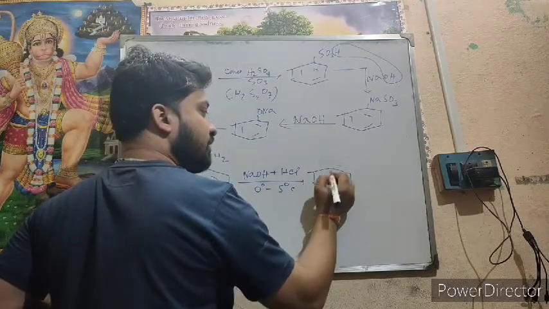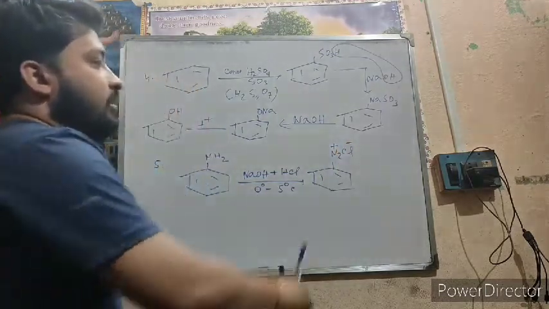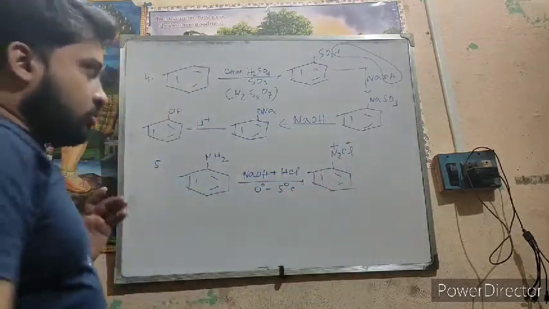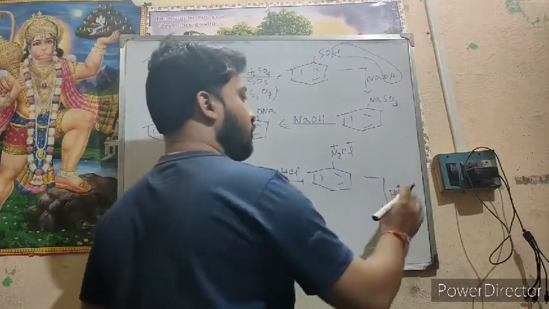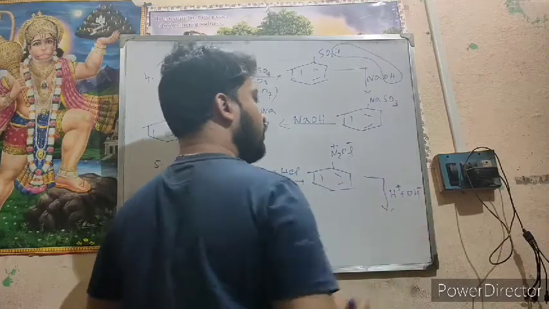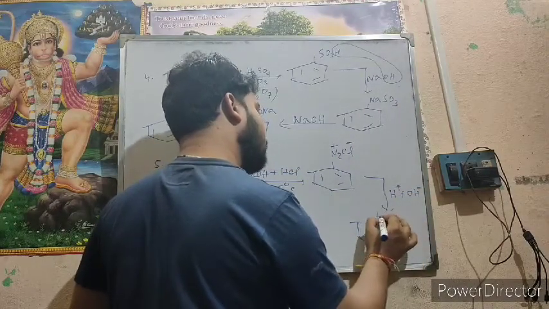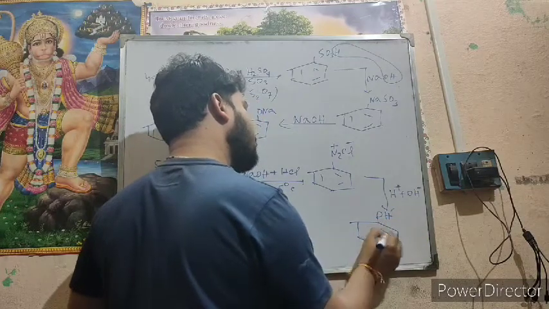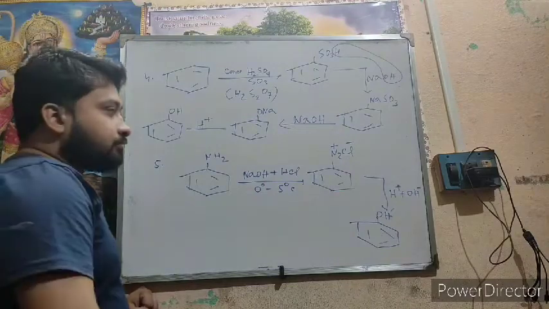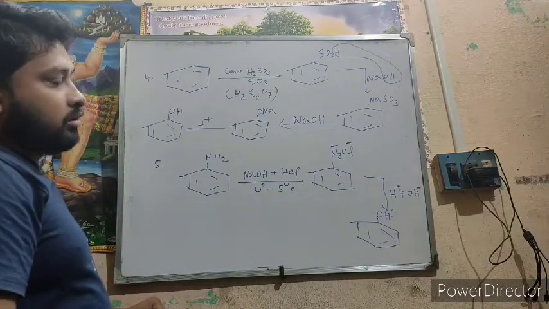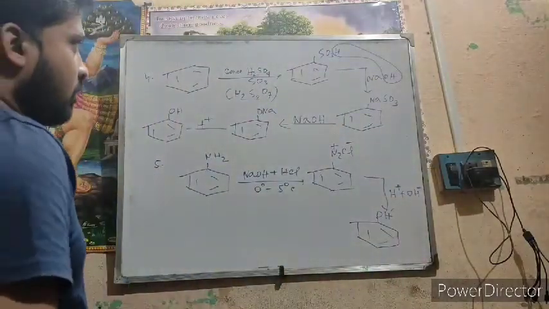You get the product benzene diazonium chloride, N2 plus Cl minus. When it reacts with water, you get phenol. So this is also a method to prepare phenol. This is the 5th process.